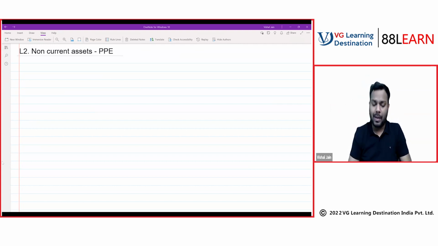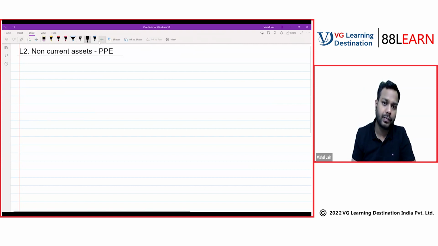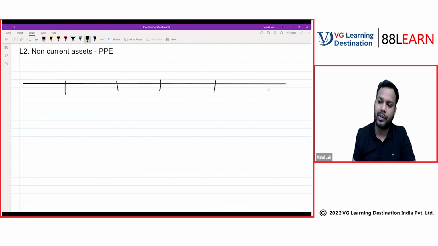Okay. Just to give an example, let's suppose you will receive an amount here, here, here, here, here, and here. But you have to record this transaction as on this date, right?